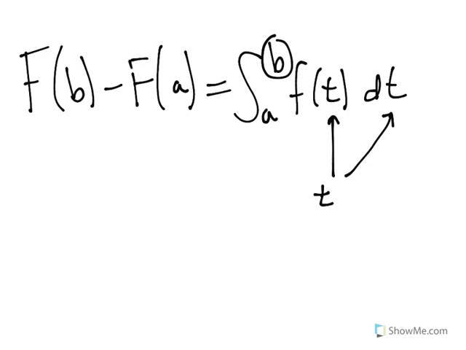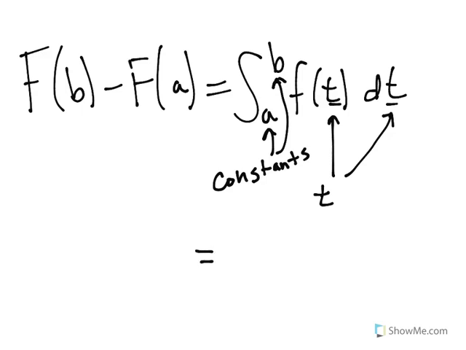Now, in this problem, there's no more x up in the bounds. b is now a constant, and because both a and b are constants, the endpoints of your interval, we no longer have an x as the bound. We don't really need to call this t anymore. Now we can call it x like we have been, or like we want to, I should say.